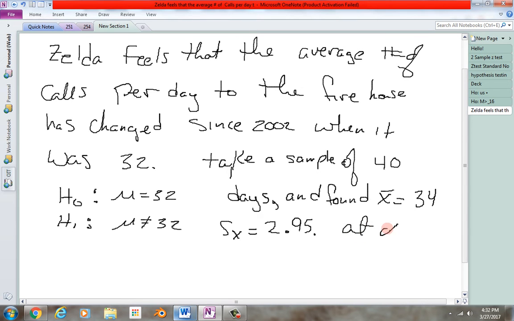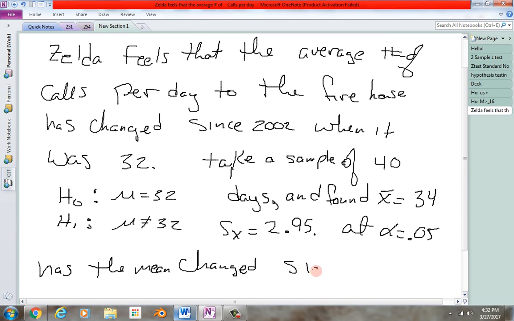So at alpha equals 0.05, has the mean changed significantly? Or another way of saying it is this, she feels like it has changed, okay? So they might say, is Zelda correct in her claim?